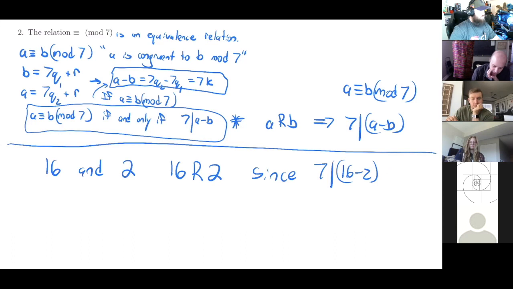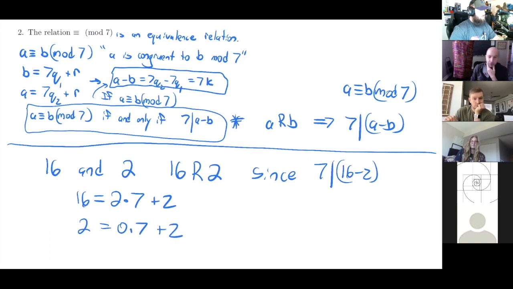Or another way that you can think about that is I could write 16 as 2 times 7 plus a remainder of 2, and I can write 2 as 0 times 7 plus a remainder of 2. So these are just equivalent ways of thinking about this mod relationship.